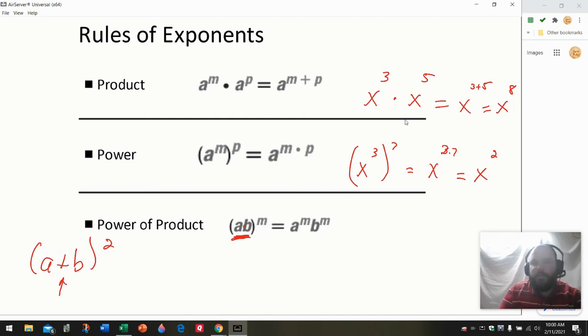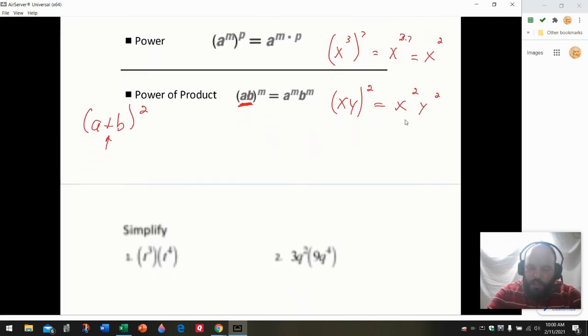The only time you could do this formula is if it's multiplication or division. So as an example here, if I had xy, the quantity squared, that would be the same as having x squared y squared.